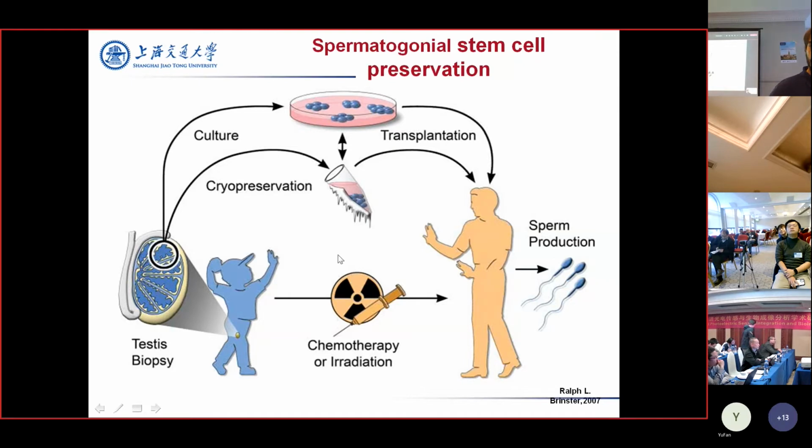When the patient gets well and tries to have offspring, the tissue or isolated spermatogonial stem cells can be differentiated into sperm, or the cells can be transplanted to the testes, and they regain fertility and get offspring.